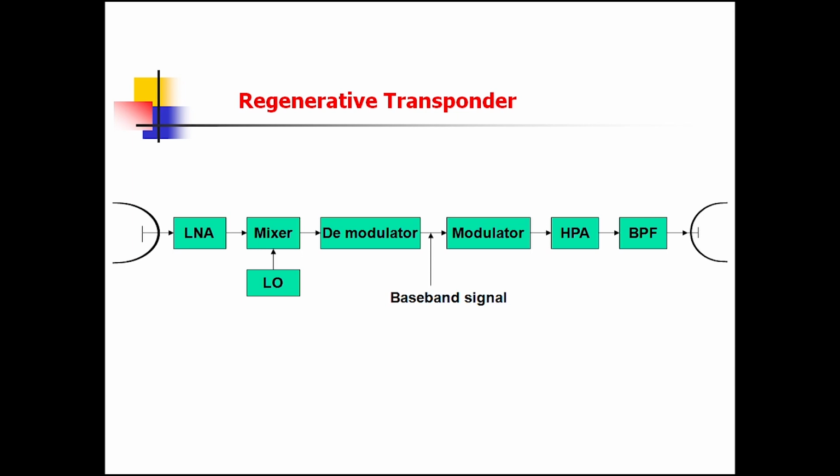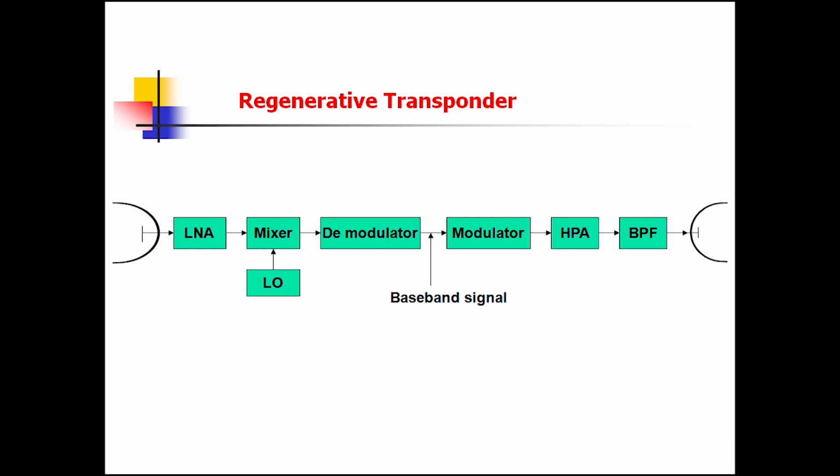That means a demodulation is taking place and modulation is also taking place in the transponder itself. So this is the basic advantage of this particular system. So receiver ends at the demodulator output and the transmitter begins at the modulator input.